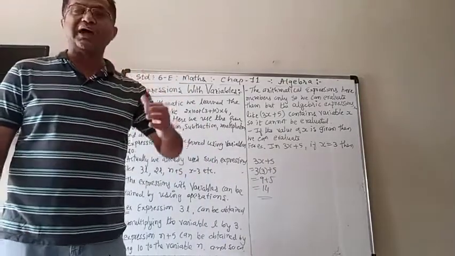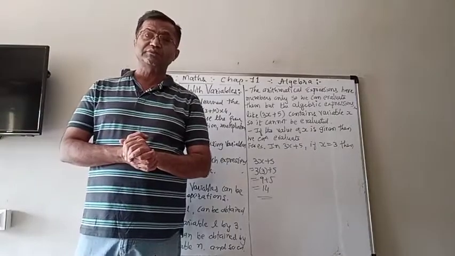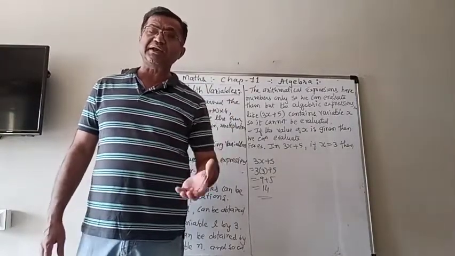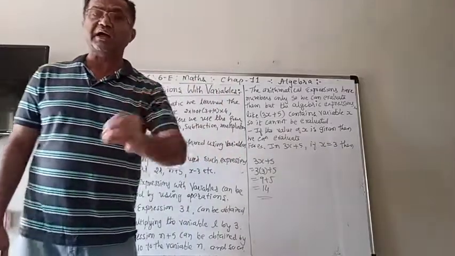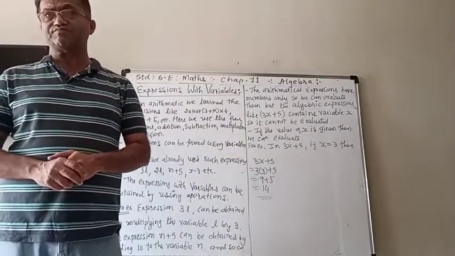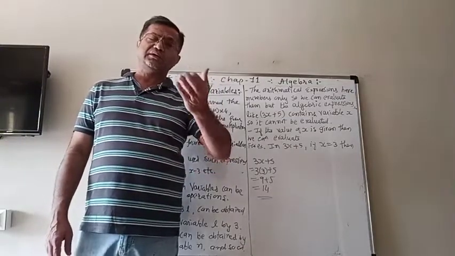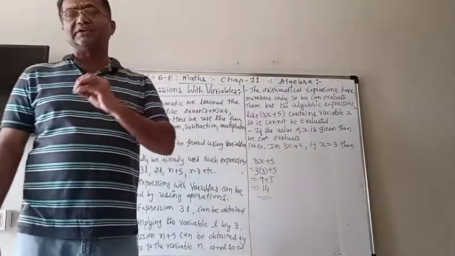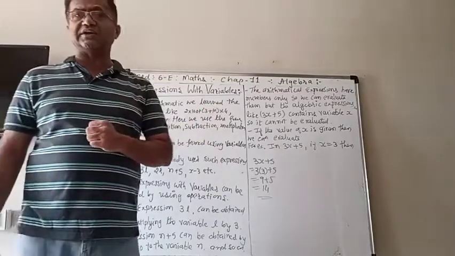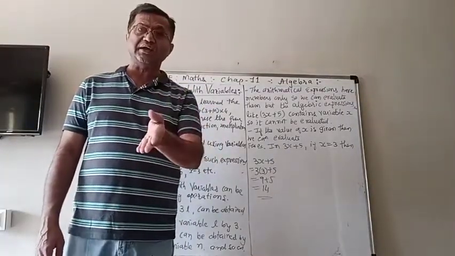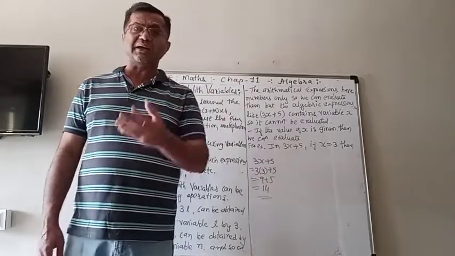Actually, up to now, what did we do? We found some general rules in which we already used some algebraic expressions. For example, when we found the relation between diameter and radius, d is equal to 2r. What is 2r here? 2r is 2 multiplied by r.